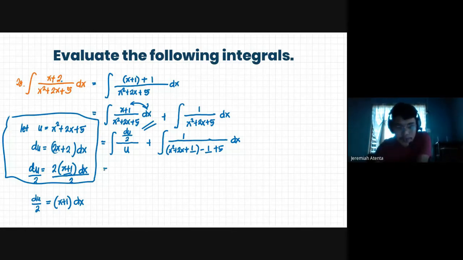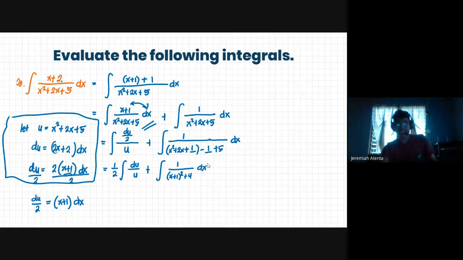Then after that, pwede natin ilabas si 1/2. So you have 1/2 integral of du over u. Ayan. Plus the integral of 1 over x squared plus 2x plus 1 can be written as x plus 1 squared. Negative 1 plus 5 is just plus 4 dx.